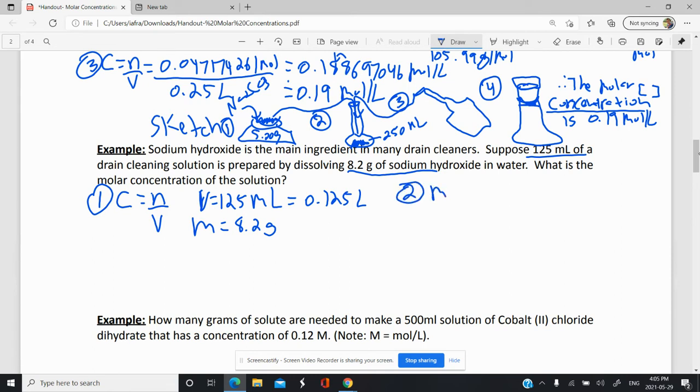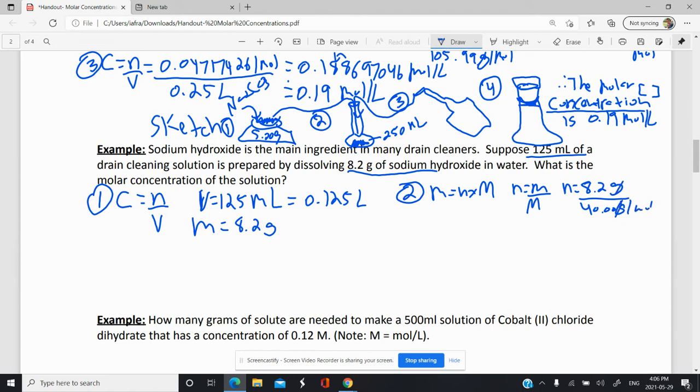We know that the mass is equal to moles times molar mass. So the moles is equal to mass over molar mass. And so that's going to be our molar mass of sodium hydroxide. So our moles is going to be equal to the 8.2 grams over sodium hydroxide's molar mass, which is 16 plus 1.01 plus 22.99, which is 40.00 grams per mole.